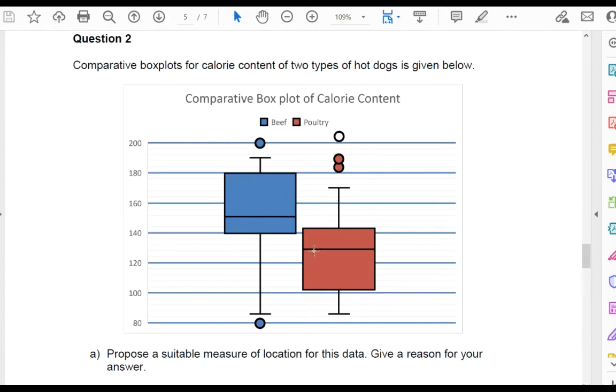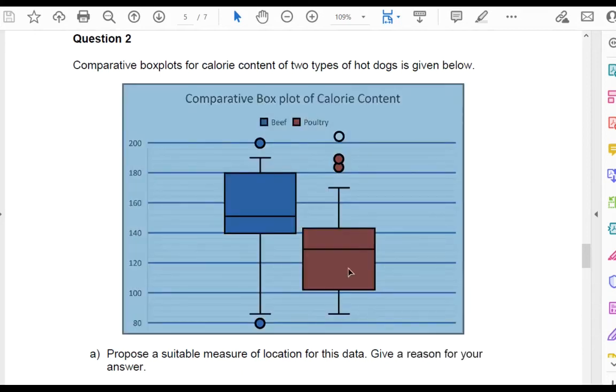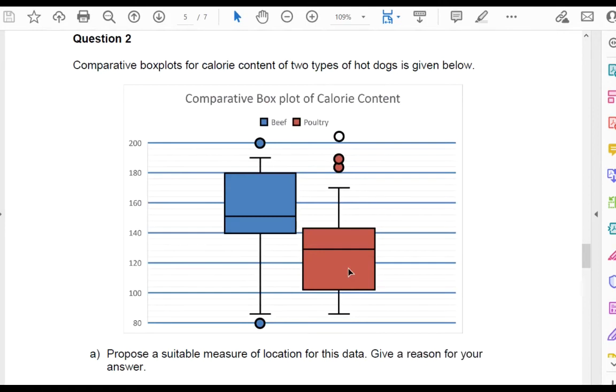And then if you look at your skewness, here we have skewness to the right. Remember, the big block is towards the bigger values, and the small block is towards the smaller values. So you can say skewed to the right or positively skewed. And in this one, the bigger box is on the smaller values, so it's negatively skewed or skewed to the left.